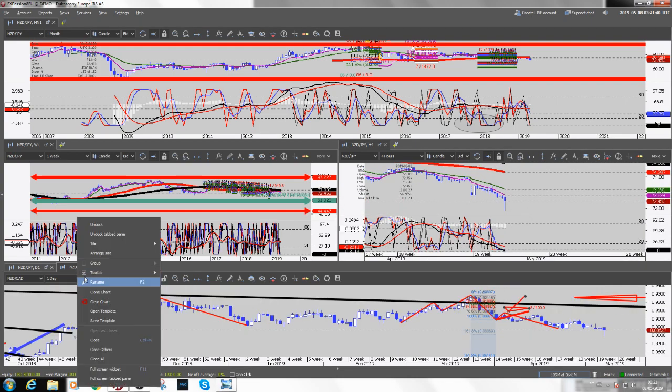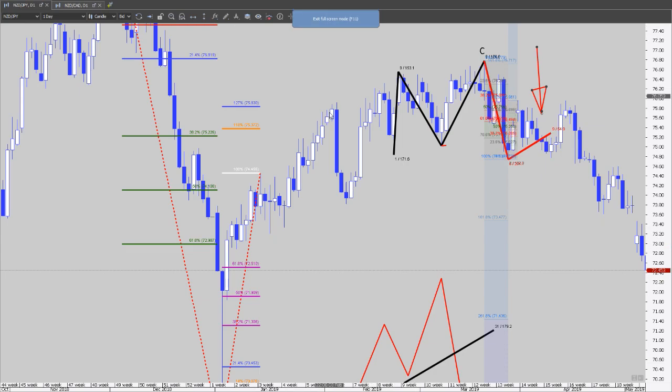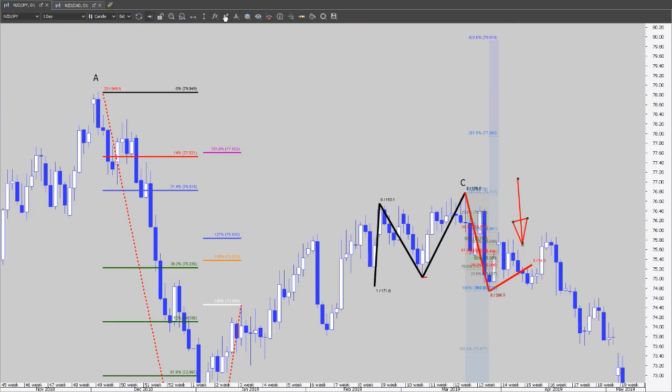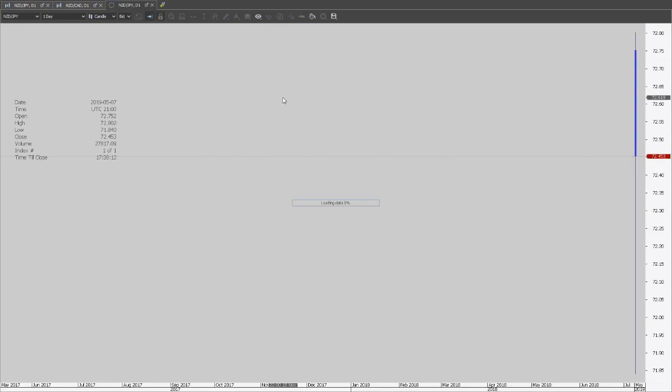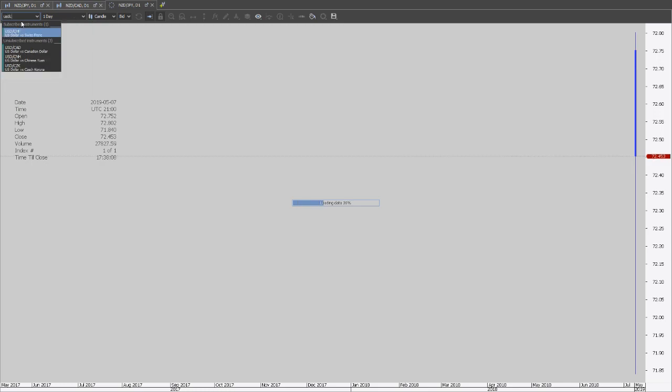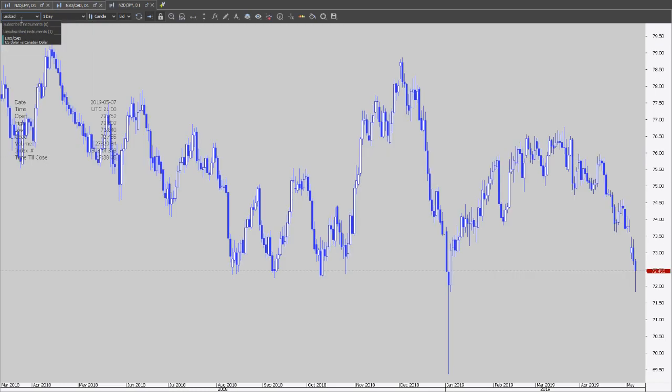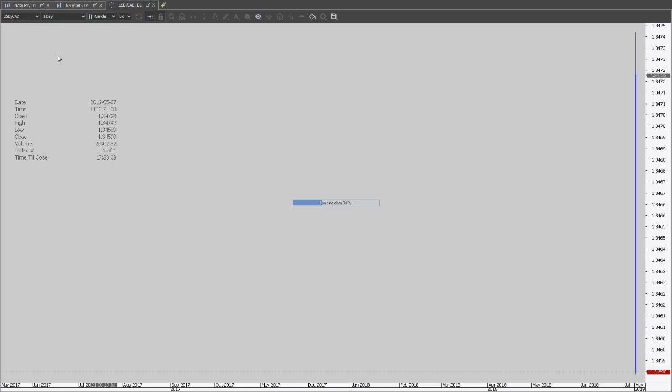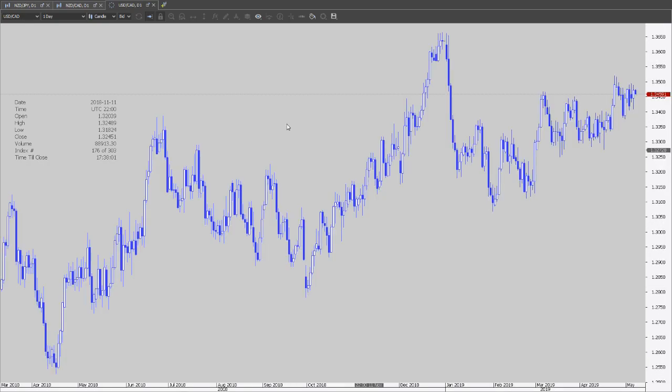Homework everybody, homework. I almost forgot. Try to find the crowns on USD CAD daily chart.